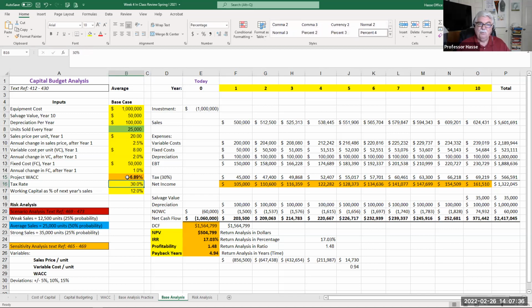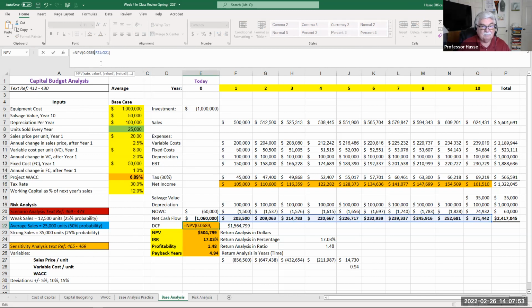We get 6.89%. Now we have to go to our discounted cash flow equation right here. See, here's the equation. There's the 8.1% discount rate in that calculation. So we now have to change that to 6.89%. Changing that cost of capital means money is cheaper, so we're going to make more money.